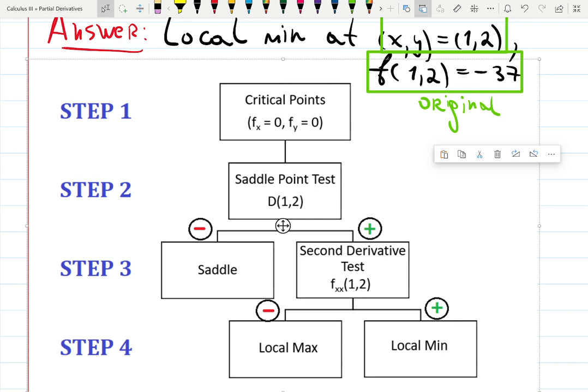Find f_xx. If it's positive and positive, it's a smiley face, so it's the minimum, the bottom of the smiley face. If it's positive and negative, then it's a maximum. Saddle point is very, very sad. That's why it's saddle. Maybe an English way of memorizing it.